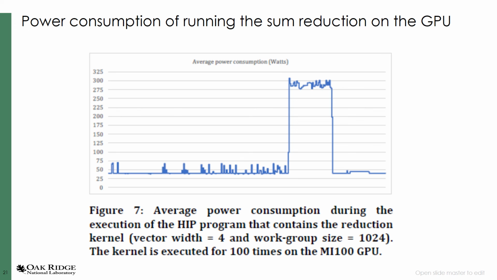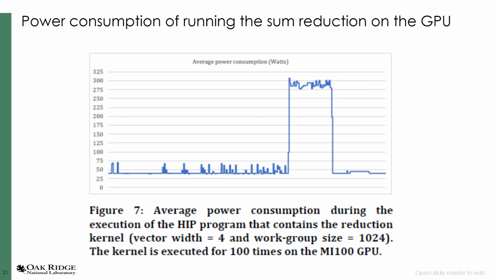We also measure the average power consumption in watts of running the HIP program with the reduction kernel achieving the lowest kernel execution time. The power is queried with the ROCm System Management Interface. For the target GPU, the idle power is around 40 watts, and the power cap is 290 watts. Before kernel execution starts, the spikes over the time interval reach 70 watts as maximum.